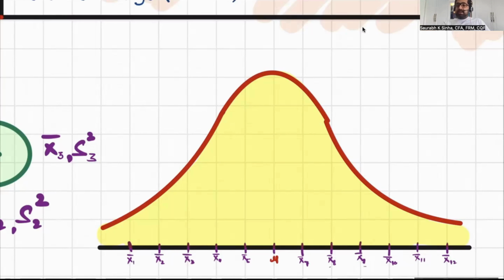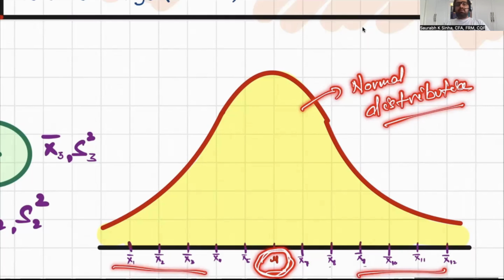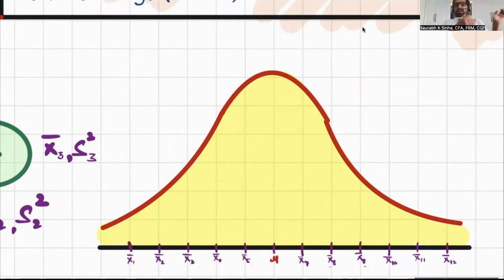And the most important thing is it will appear as a normal distribution which will have a mean equal to the population mean. If the population mean is 35, this distribution mean will be 35. Why? Because the mean of all the sample means will be equal to the population mean. You remember the discussion of moment one being BLUE?